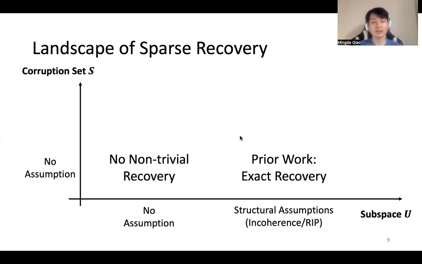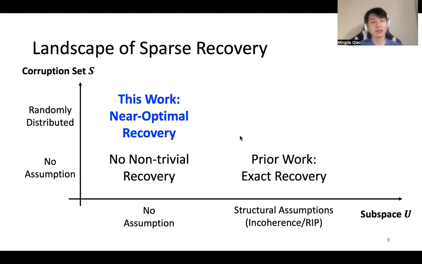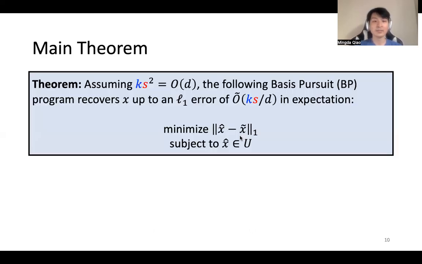Most prior work on sparse recovery focused on the case that some structural assumptions like incoherence or restricted isometry property are imposed on subspace U. Under those cases, exact recovery is possible. In contrast, the focus of this work is a condition where subspace U is essentially arbitrary, but the corruption set S is randomly distributed. In part of this regime, we give the near optimal recovery guarantee.